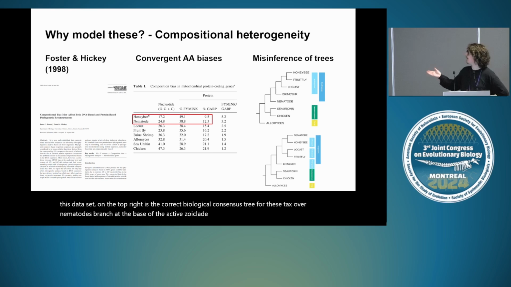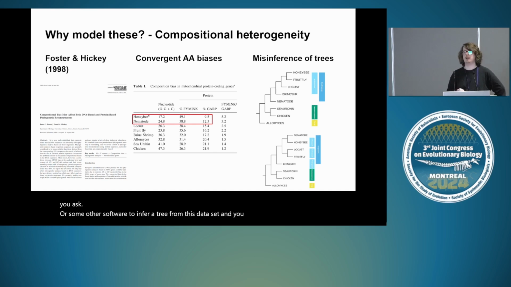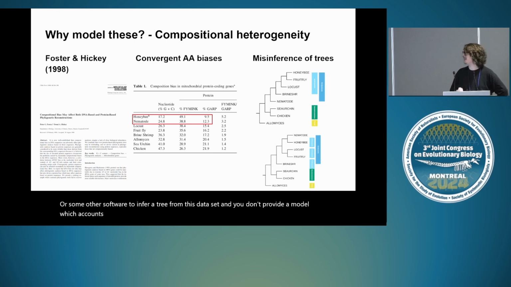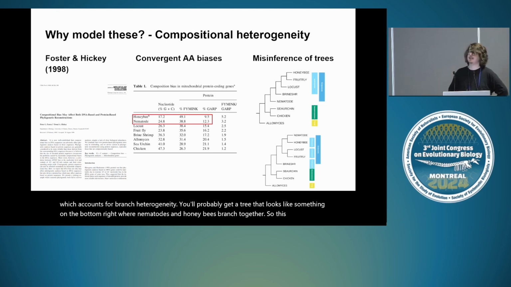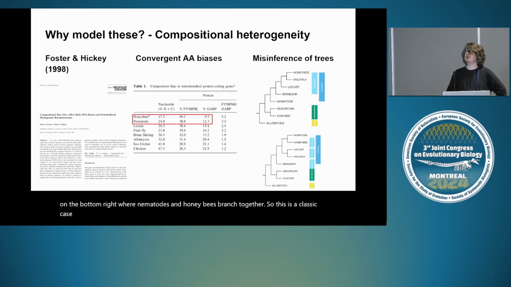However, what generally happens is if you ask IQ-Tree or some other software to infer a tree from this data set, and you don't provide a model which accounts for branch heterogeneity, you'll probably get a tree that looks like something on the bottom right, where nematodes and honeybees branch together. So this is a classic case of mismodeling heterogeneity leading to long branch attraction artifacts.